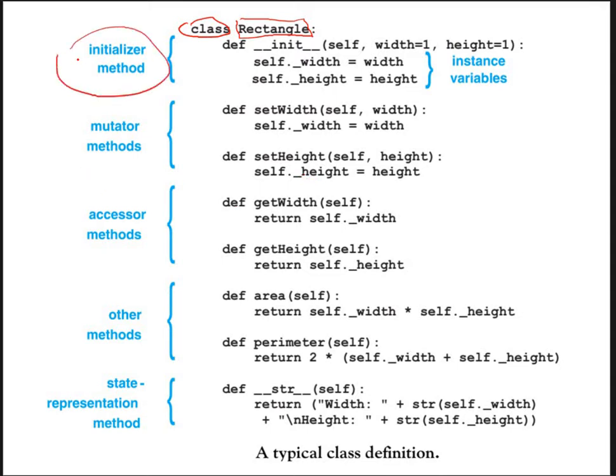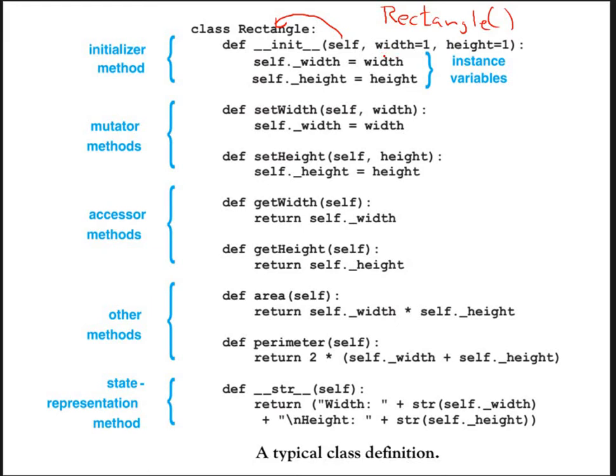So this is where you're initializing your class. This self parameter is that self parameter that I mentioned. The self means rectangle. So when you write rectangle below this class, with empty brackets, you basically created a class.